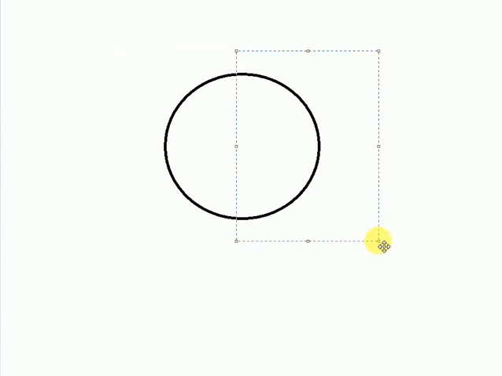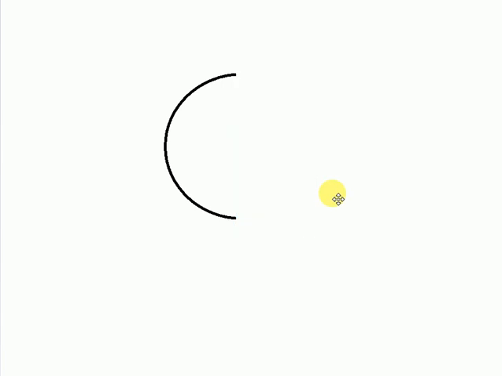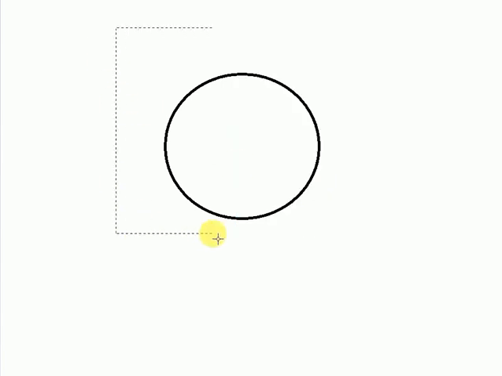Imagine this to be a spherical glass. Now, I will cut a piece of this glass from either end. I can cut from this end, or else I can cut from this end.